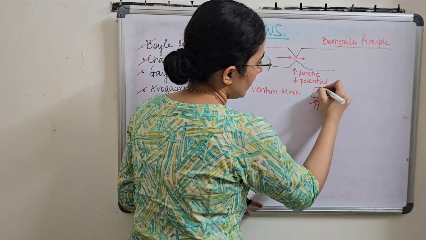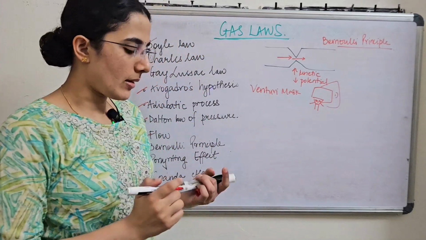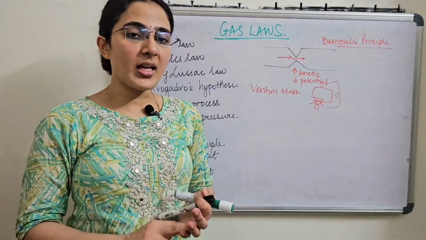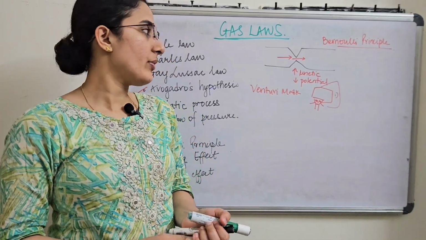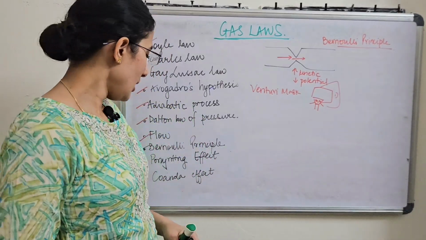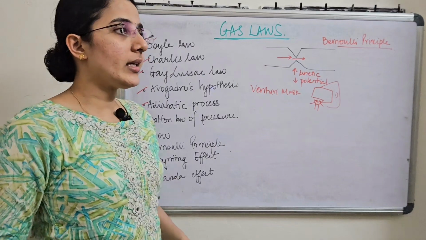This is the mask, this is the face of the patient. So this is the Venturi mask application. Similar are nebulizers and vaporizers, which follow Bernoulli's principle. Next we come to the Poynting effect.